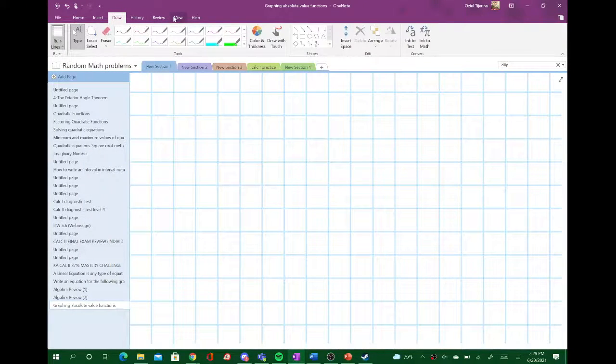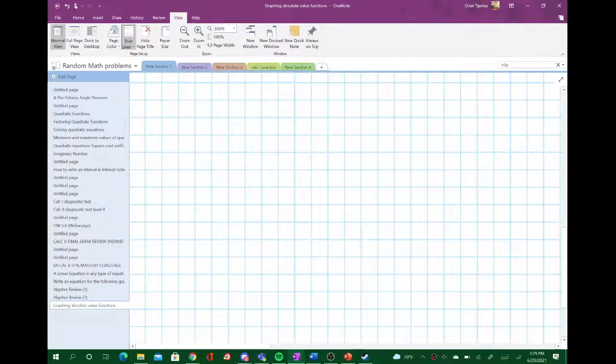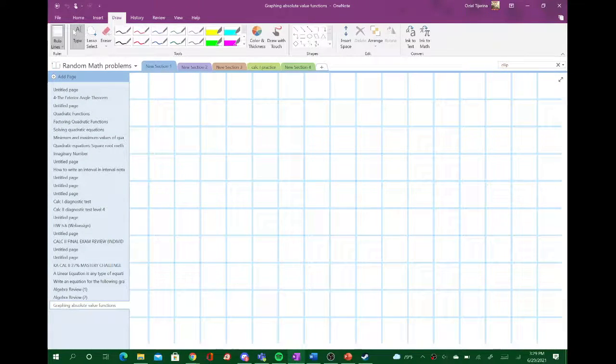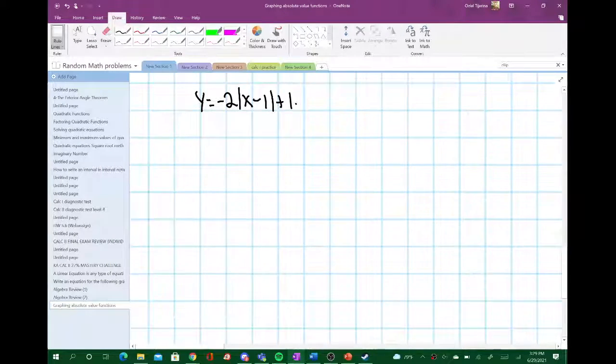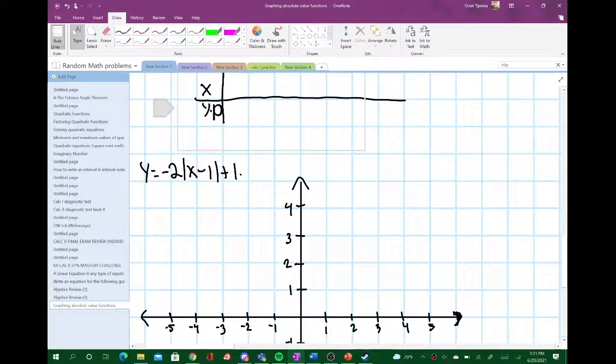So let's just do another one. For example, y equals -2 times the absolute value of x minus 1, plus 1. And so I'm gonna go ahead and draw my graph, so give me 1 second.